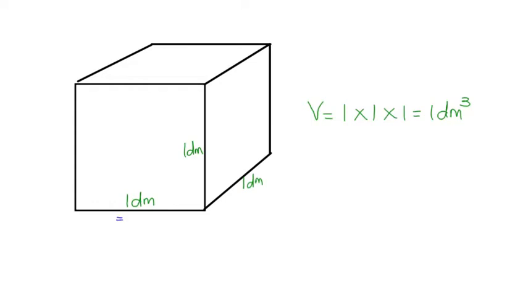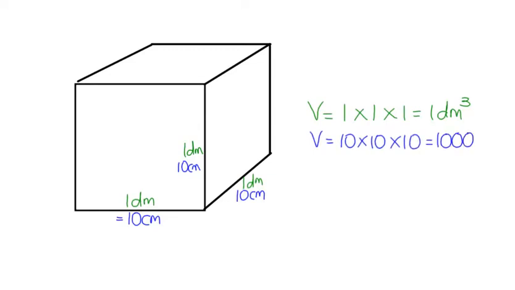You might remember from maths that dec means 10, so 1 decimeter is 10 centimetres. So this cube is 10 centimetres by 10 centimetres by 10 centimetres, or 1,000 centimetres cubed. So 1 decimeter cubed is equal to 1,000 centimetres cubed.